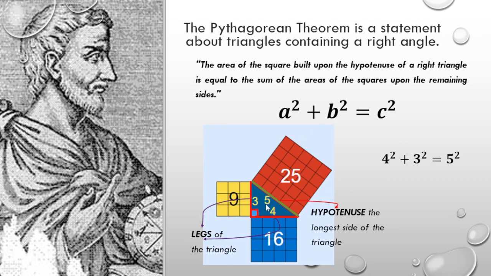And our c, which is the hypotenuse, is 5, so that becomes 5 squared. Simplifying, 4 squared is 16 plus 3 squared is 9 equals 5 squared, which is 25. The sum of 16 and 9 is 25, which makes the equation correct. We have proven that the Pythagorean theorem is always correct for every right triangle.